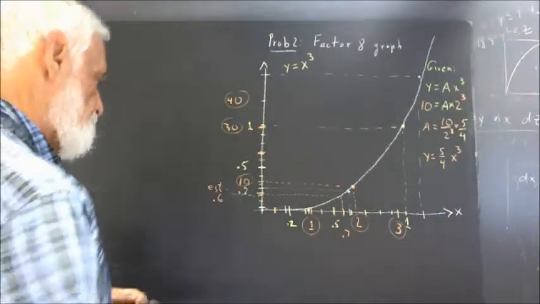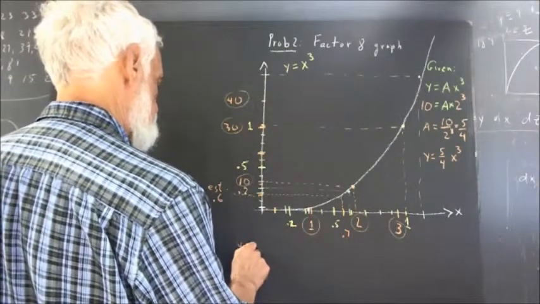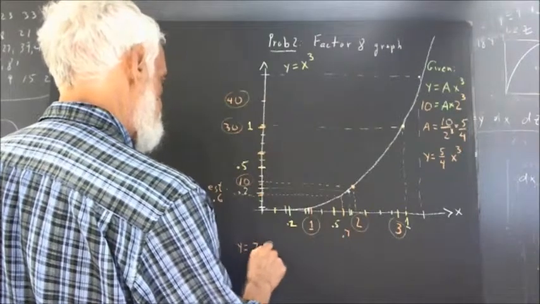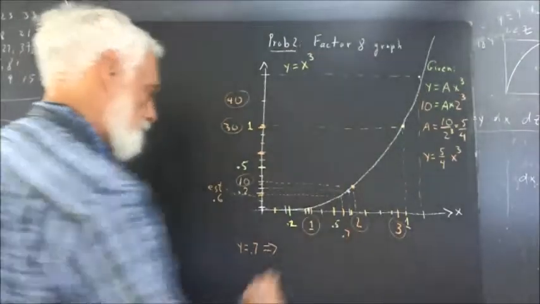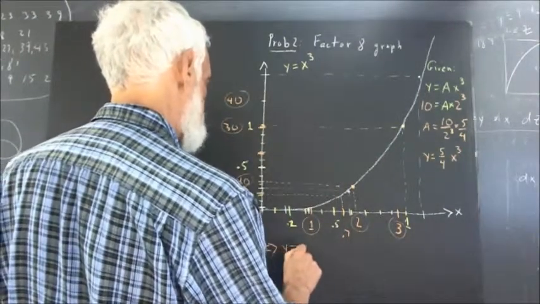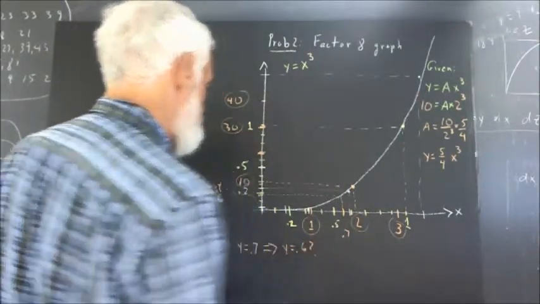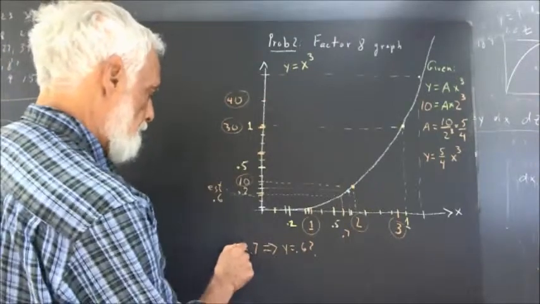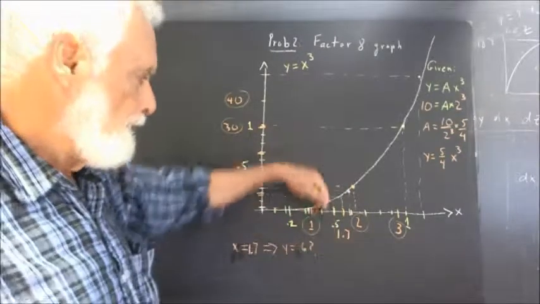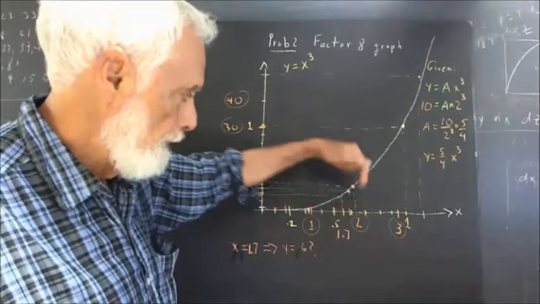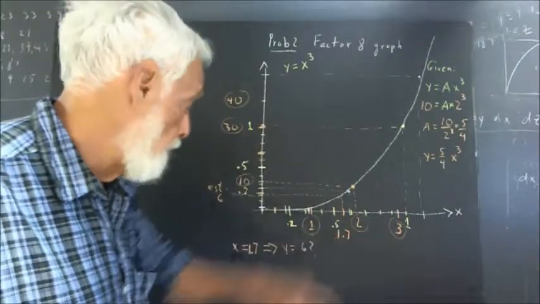So x equals 0.7 implies y equals 0.6, with a big question mark. That should be x, and let me make that a little neater. And it's 1.7. I was looking at 7/10 of the way from here to here. Forgot that I had 1 there.